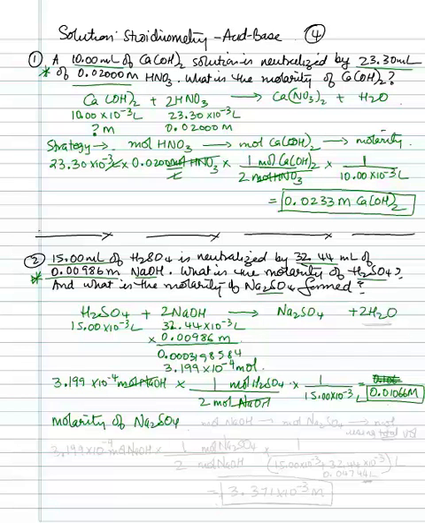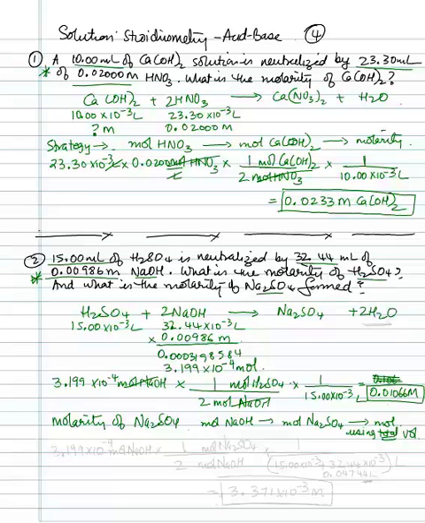So to find the molarity of sodium sulfate, you need to go from moles of sodium hydroxide to moles of sodium sulfate, and then again to molarity, using the total volume that we will have.